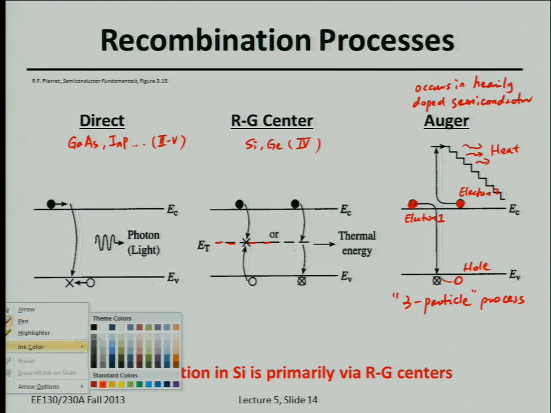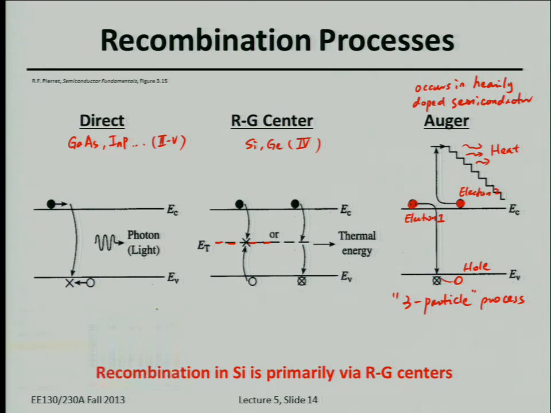For example, if you have a donor, a donor state, in contrast, is up here, right? This is a common misconception. If you have a phosphorus atom inside the silicon, it's going to have an allowed energy level close to the conduction band edge. So electrons can easily escape to the conduction band. They have a small ionization energy here.